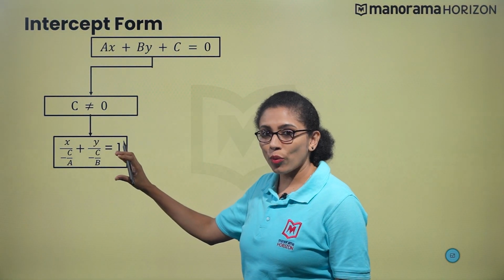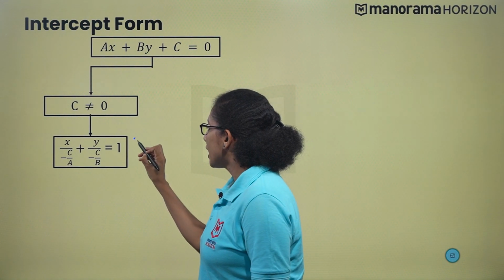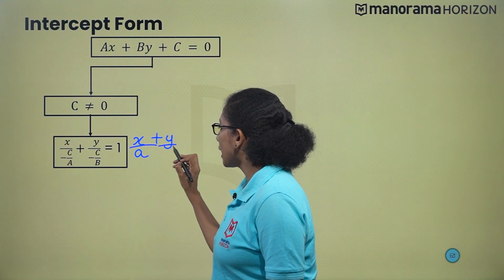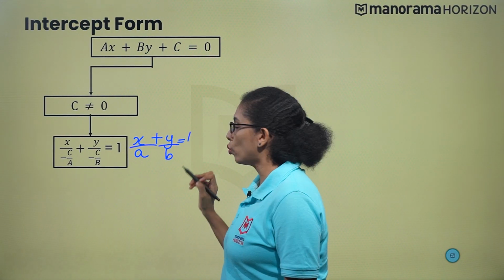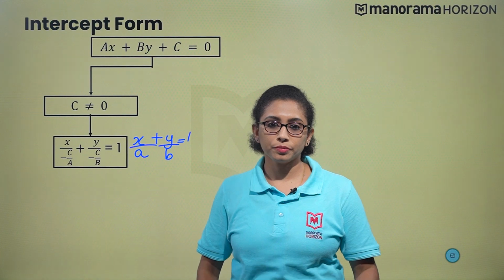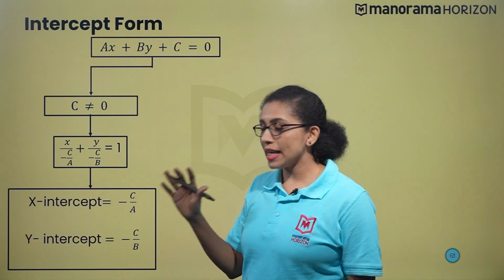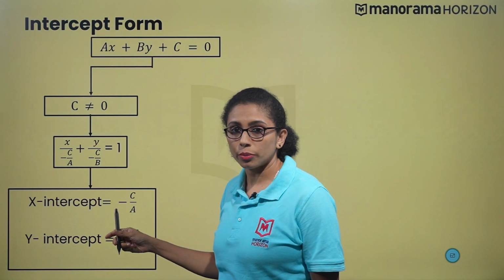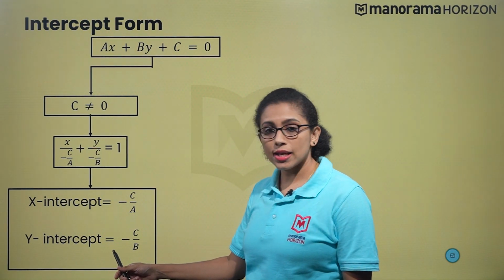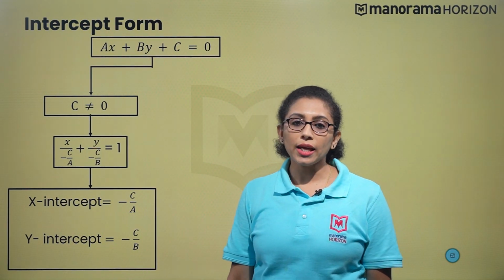And this particular equation is similar to the equation x by a plus y by b is equal to 1, which is the intercept form. And on comparing, we get the x-intercept is equal to minus c by a and the y-intercept is equal to minus c by b.